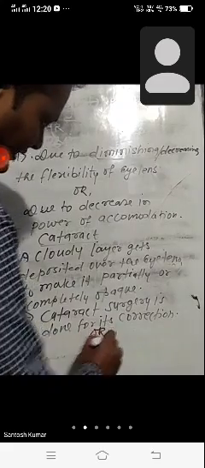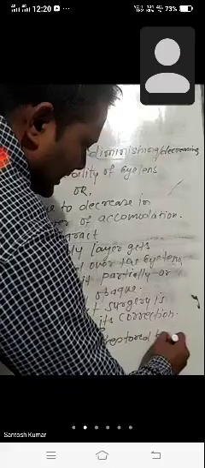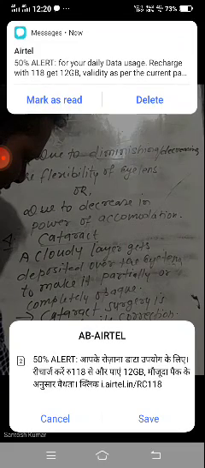Okay. So this takes place in the case of cataract. Here you can also write, vision can be restored by a simple surgical operation. You can also write vision can be restored by a simple surgery, that is simply cataract surgery.